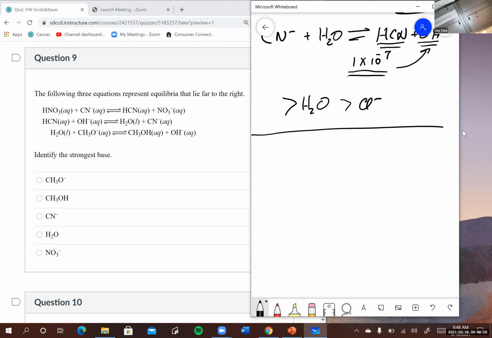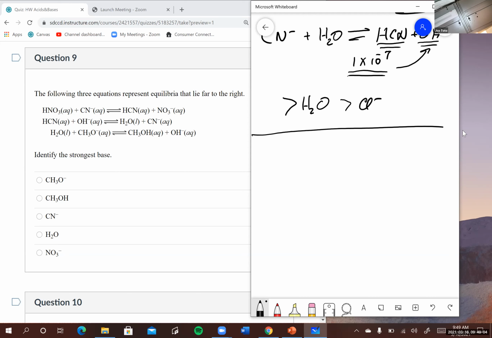We looked at our choices and we said, well, CH3O minus, that could be a base. Then there's an alcohol, which shouldn't be a base at all. If anything, it's going to be a really weak acid. And then we got CN minus, that could be a base. And then H2O, and NO3 minus.